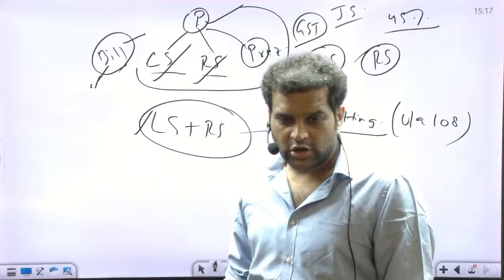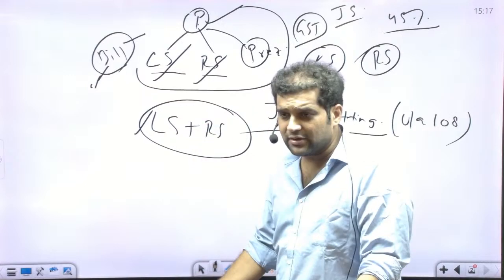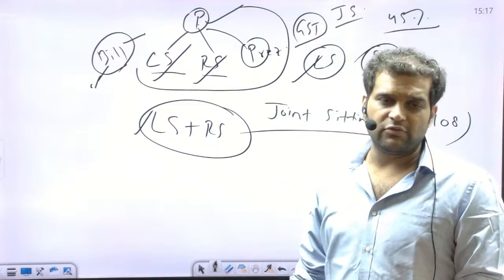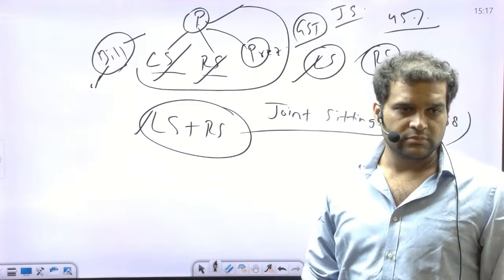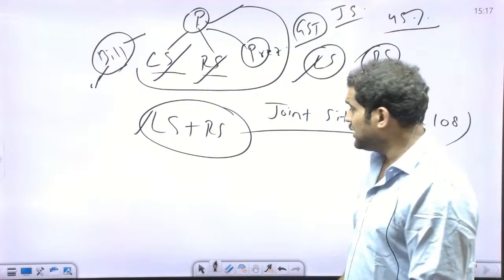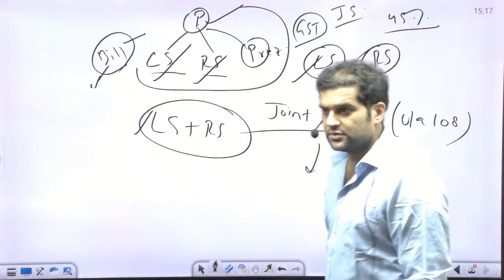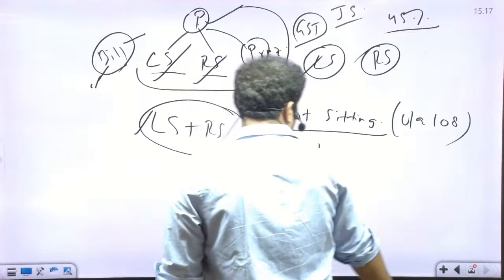Or if it gets defeated in the voting of the joint sitting, that bill would lapse. All right? So this provision has been taken from the Constitution of Australia. Right, next one.